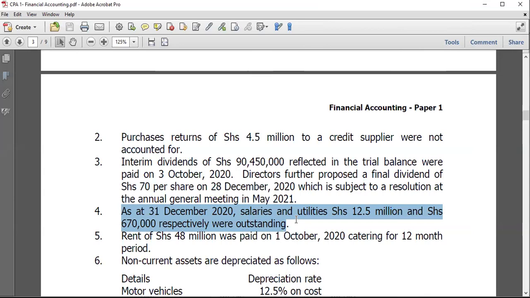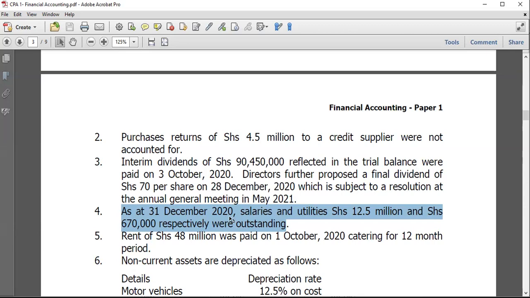They are your accruals. Now, accruals increase your expenses, because the double entry for accruals is you debit the expense and then credit the accrued expense account. So these in themselves should affect our profit.